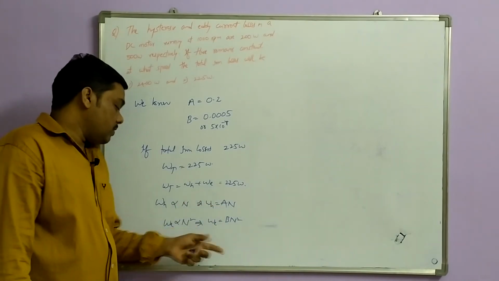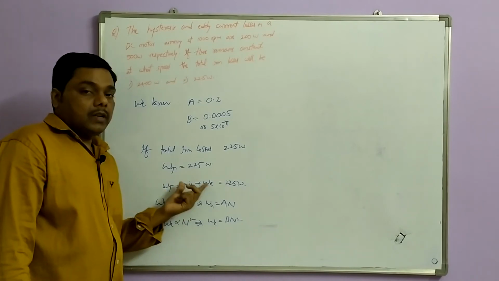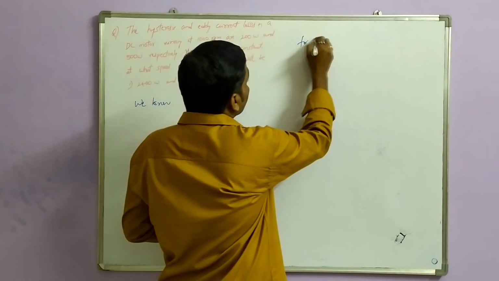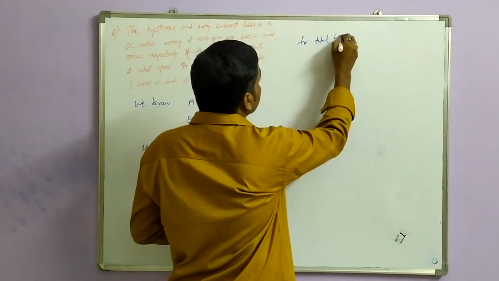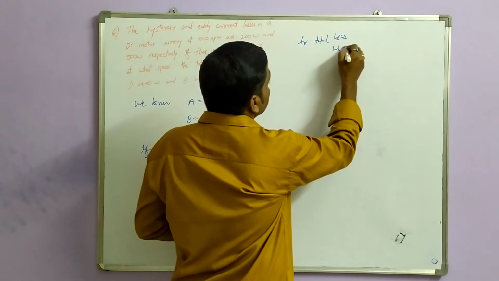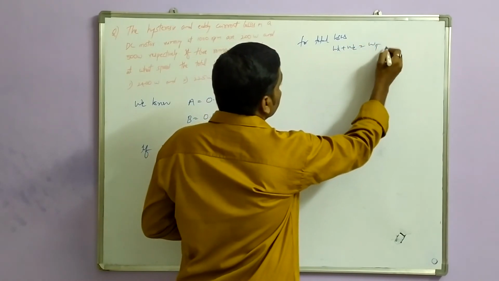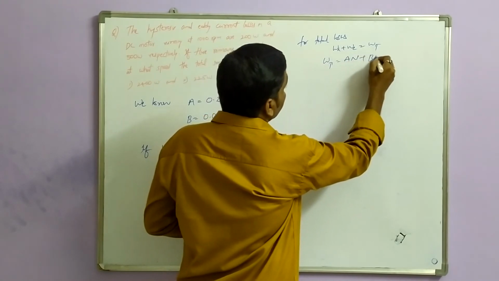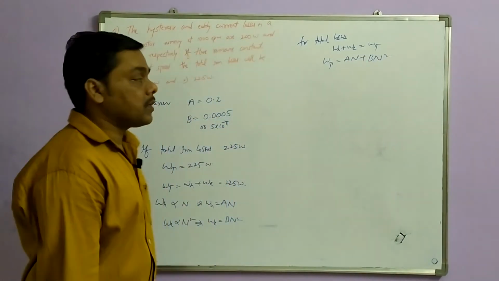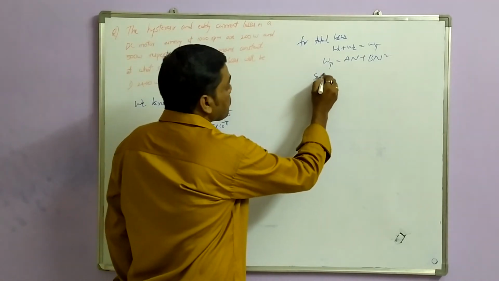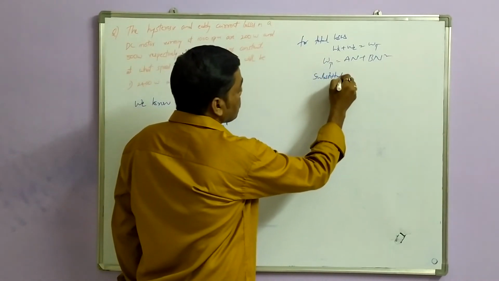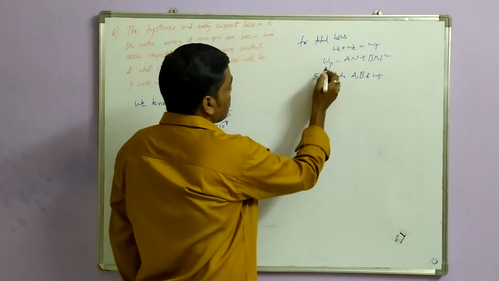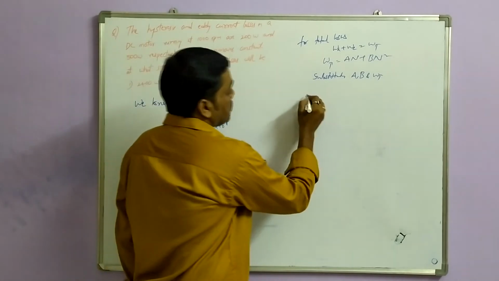Now we know the A and B values and we have the total losses. For total losses, Wh plus We is equal to Wt. So Wt is equal to A into N plus B into N square. Now substituting A, B and Wt: Wt is nothing but 225, the total losses.